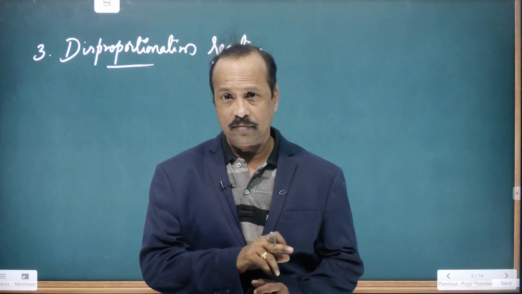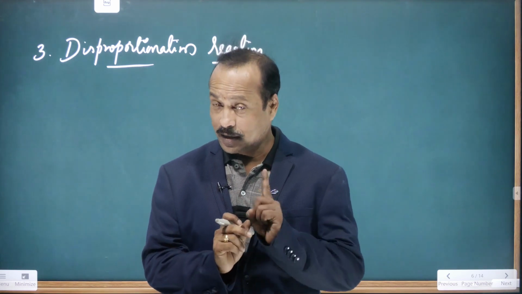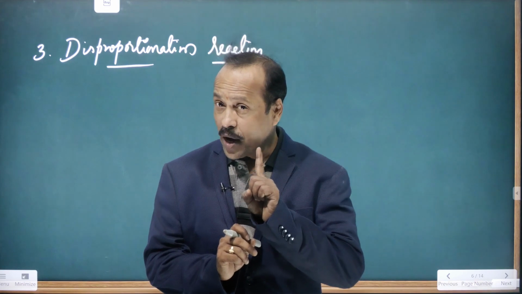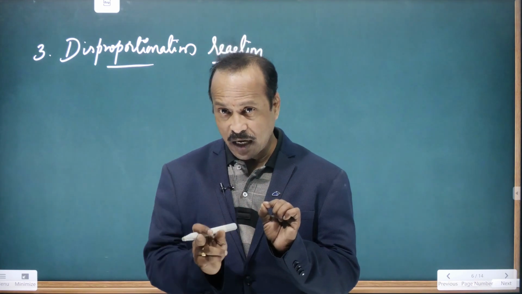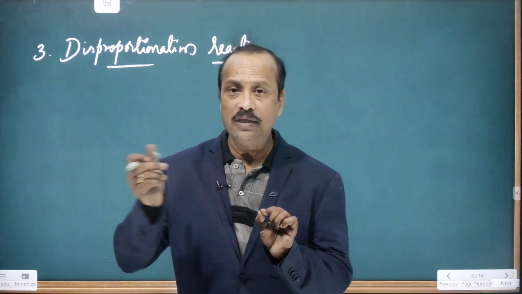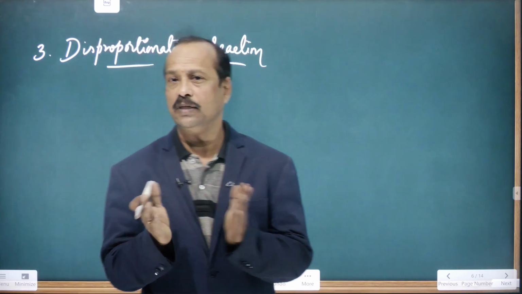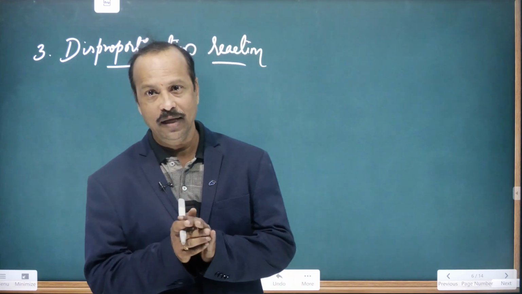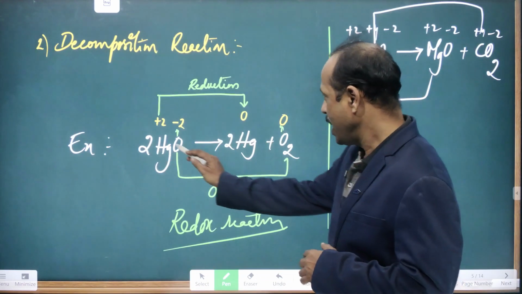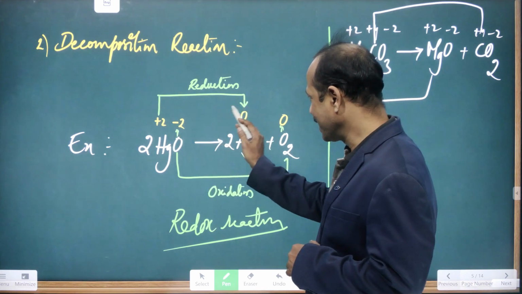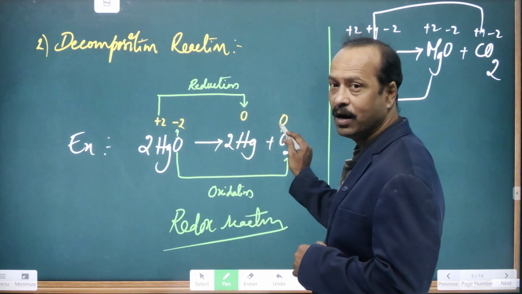one element from the reactant side, listen carefully, one element from the reactant side undergoes both oxidation and reduction. Very simple. Okay. Here in the previous one, mercury is going through reduction, oxygen is going through oxidation.